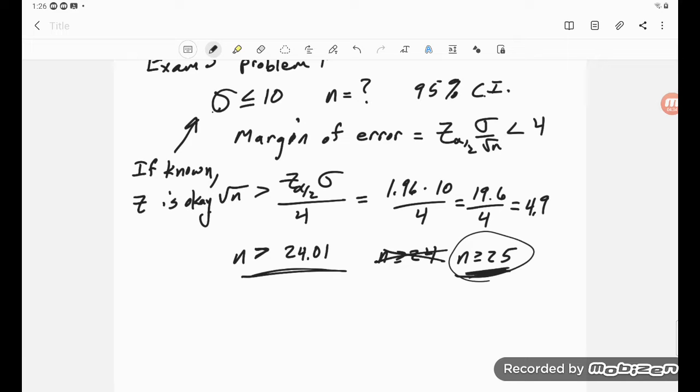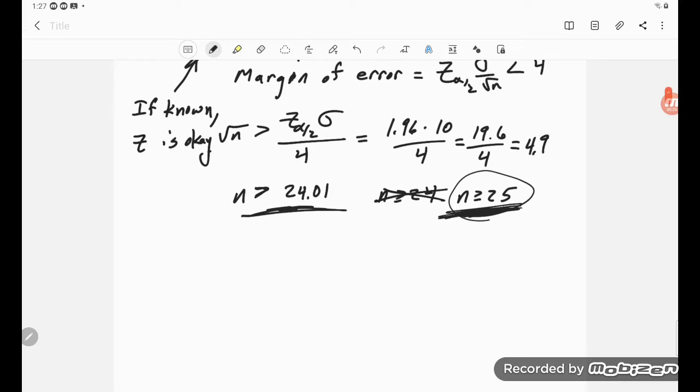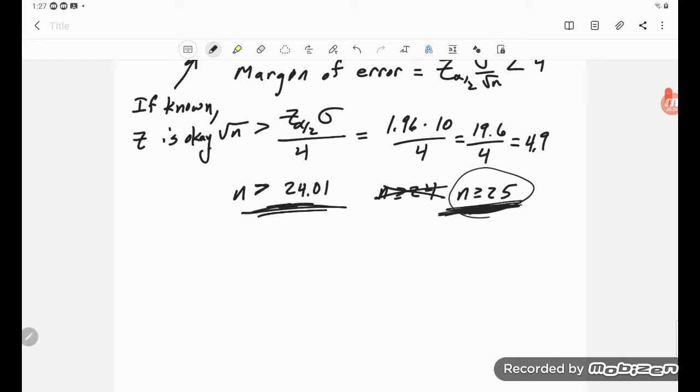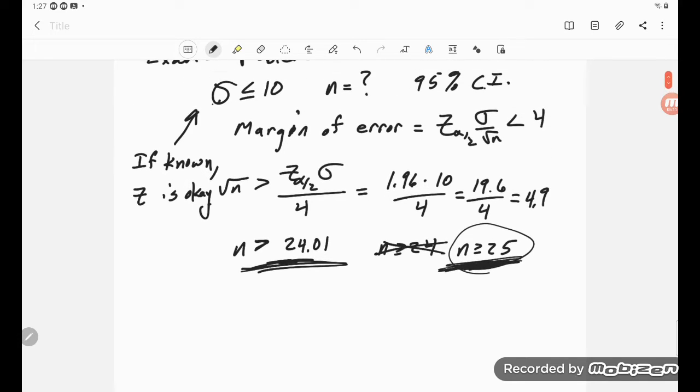Not really. Again, if you wanted to go with z, if you're saying sigma is known in the sense that, well, hey, somebody's saying it can't be any bigger than 10. Well, I guess in that way we know something about it. Okay. So in that case, really, the best answer is 25, not 24 here because of the 24.01. But again, I went ahead and gave 24 as a fine answer.